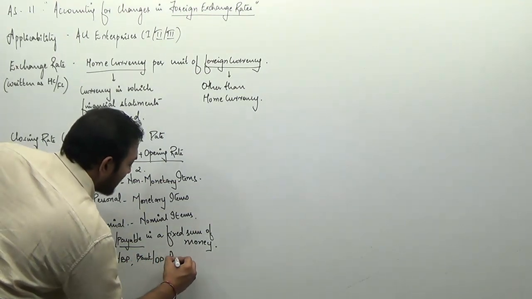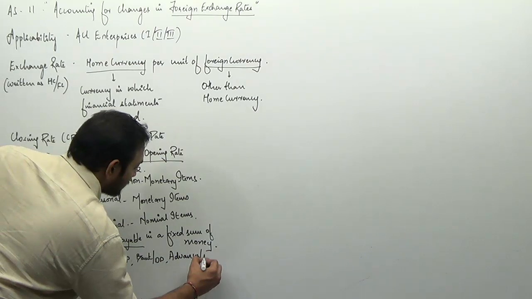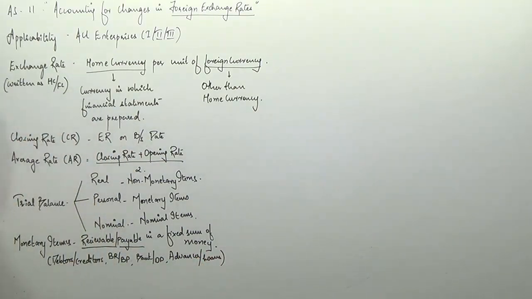You can have advances, which is an asset, and loans, which is a liability. You have prepaid expenses, outstanding expenses, and so on. All these are personal accounts which are receivable or payable in a fixed sum of money. They can now be called monetary items as far as AS11 is concerned.